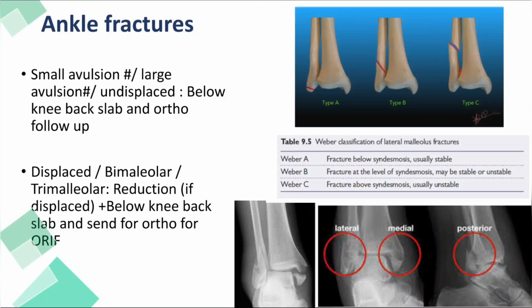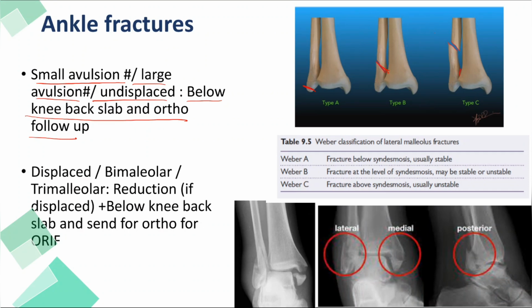For ankle fractures, if it is a small avulsed fracture, or even a large avulsion fracture but undisplaced, you may do a below knee back slab and orthopedic follow-up. Such a fracture may not need any operation.